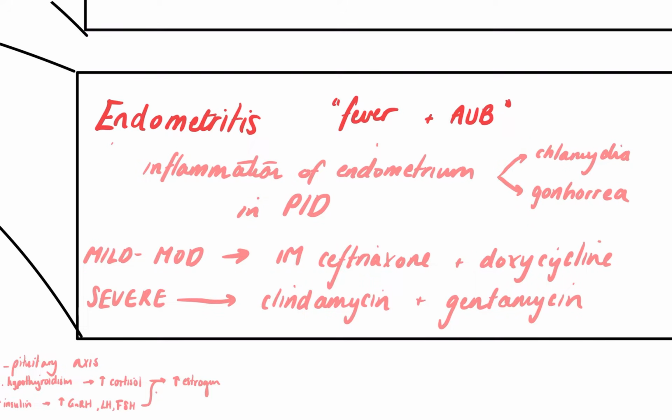In terms of treatment, there's no actual proliferation of the endometrial tissue, so we don't have to use surgeries or hormonal treatments. Instead, we simply treat with antibiotics. For mild to moderate endometritis, we use ceftriaxone and doxycycline, which again are the treatments to get rid of chlamydia and gonorrhea infections. For severe endometritis, you can use clindamycin and gentamicin.